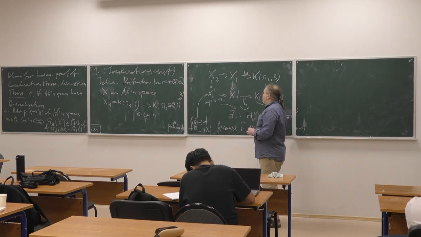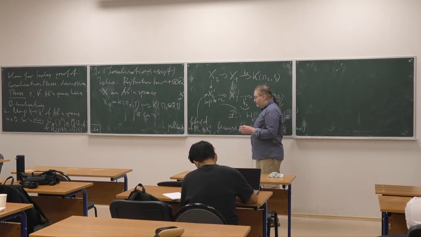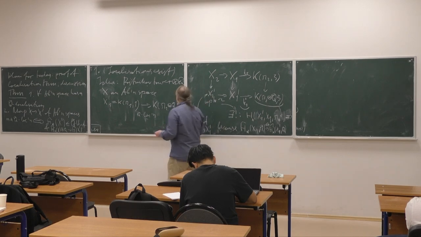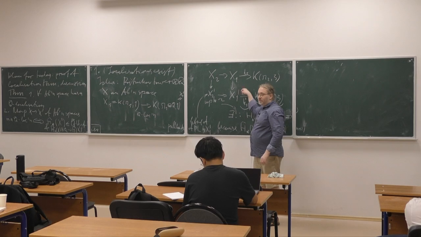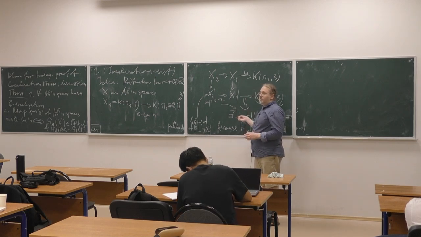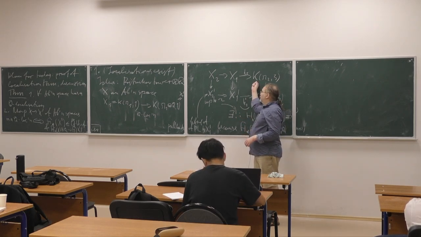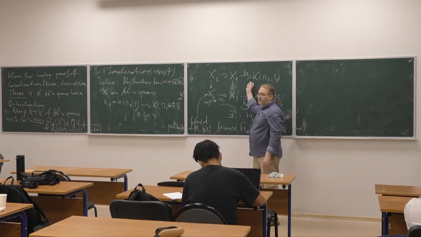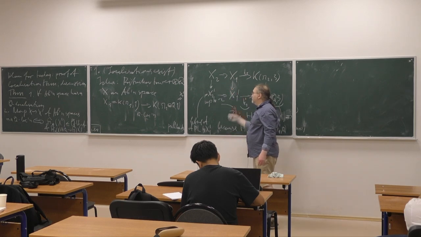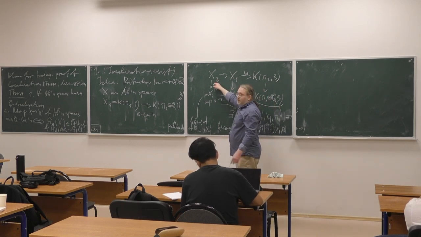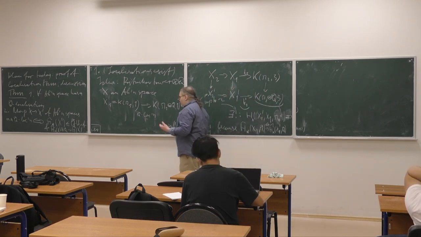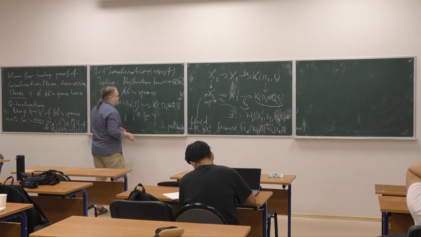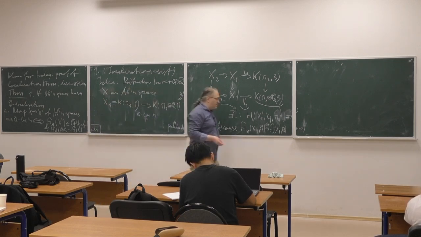Okay, so once we have this diagram, and this part of the diagram homotopy commutes, we get a map of the pullbacks of the path-loop fibration, and this gives me a map of fibers, and I just denote the fiber of the second fibration by X2 prime.